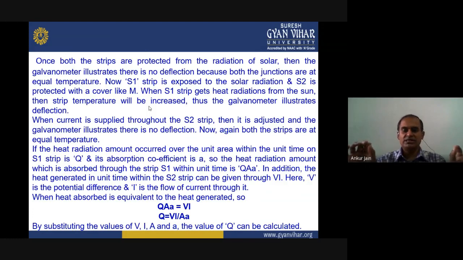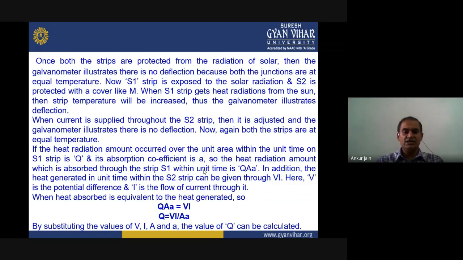Now again both the strips are at the same temperature, by flowing the current into the S2 strip from the external source. Now, if the heat radiation amount received over the unit area within the unit time on the S1 strip is Q and the absorption coefficient is small a, then the heat radiation amount absorbed by the strip S1 will be given by Q into capital A, the surface area, into small a, that is the absorption coefficient.